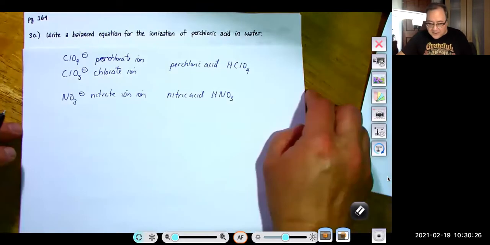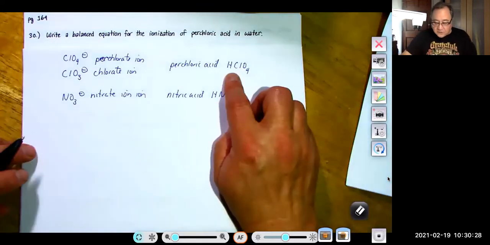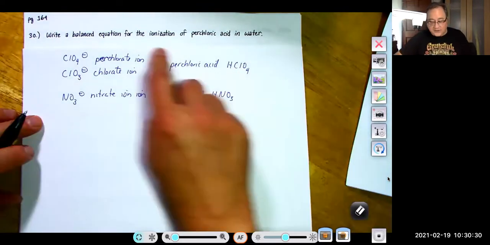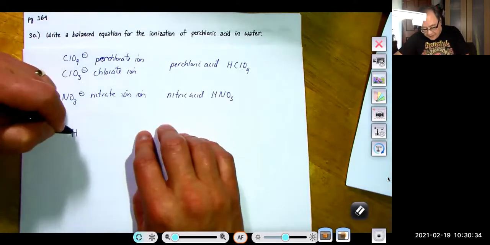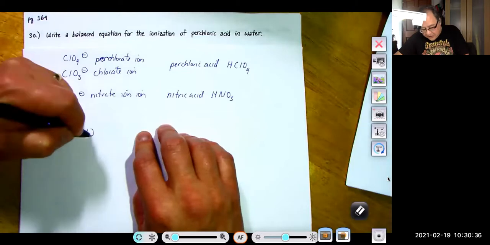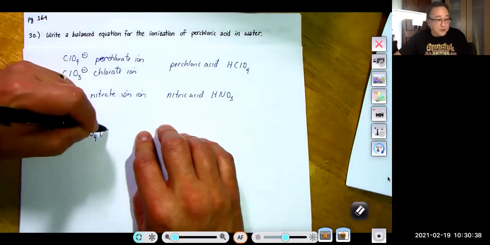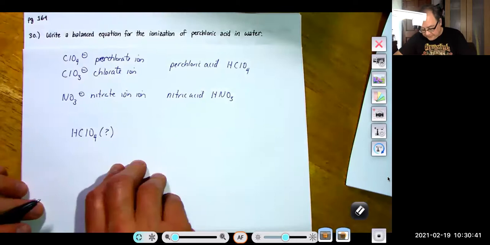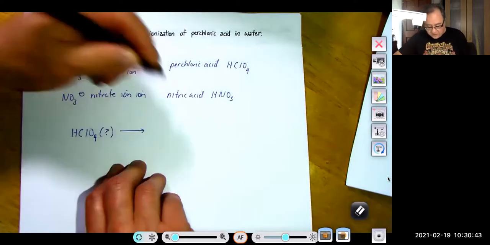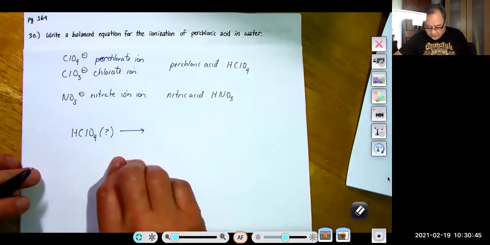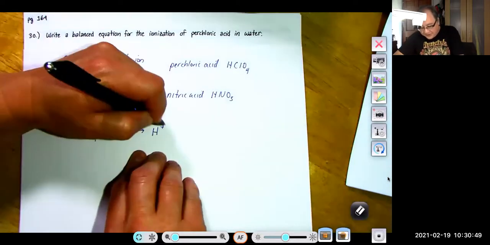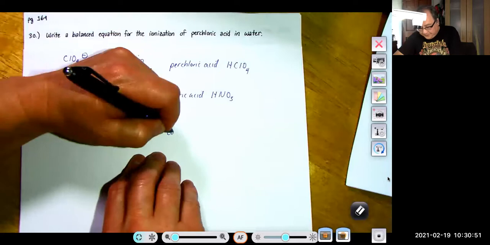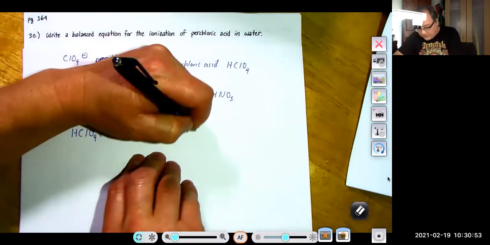So we're supposed to write the balanced equation for the ionization of perchloric acid in water. I'm going to show you how to do it 2 ways. Now, I'm going to be honest and tell you I don't know the state of this when it's pure. So here, if you put it into water and it ionizes, you should get H+ aqueous and ClO4- aqueous.